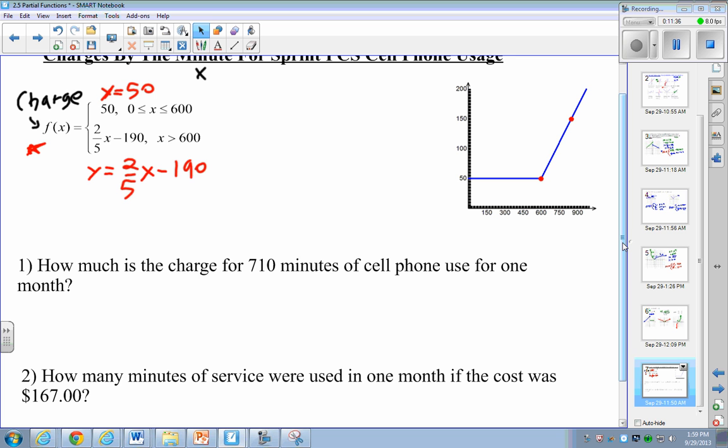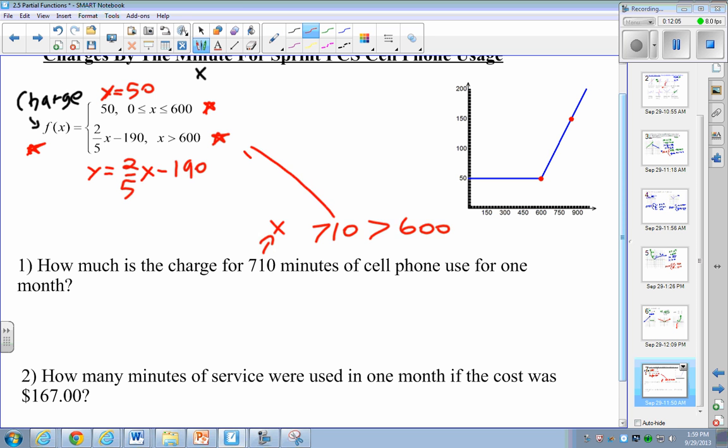How much is the charge for 710 minutes of the cell phone use for 1 month? Okay, so 710 is our minutes, which is our x. So we're going to put that into our x of our piecewise function. Now, how do we decide where to put this? Are we going to put it here, or are we going to put it here? Well, the answer is, since 710 is greater than 600, it's going to be put into this one.